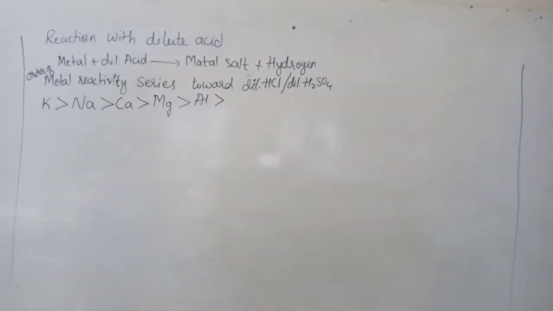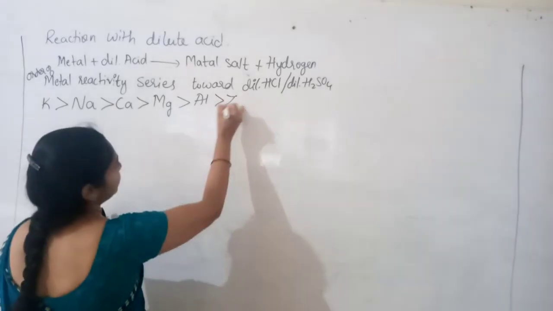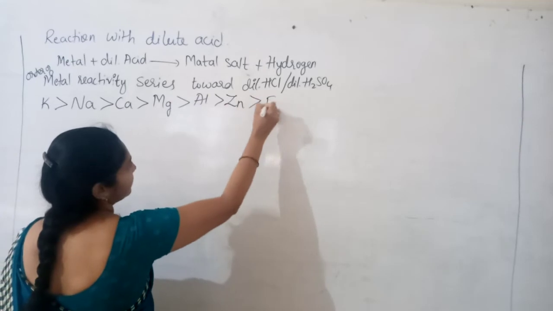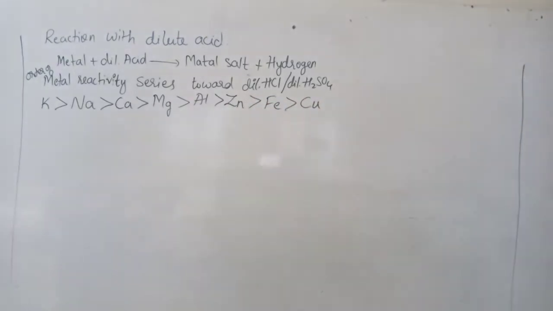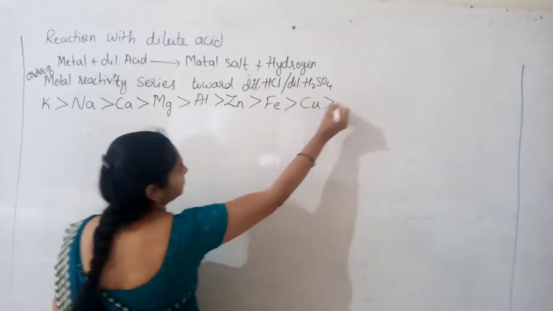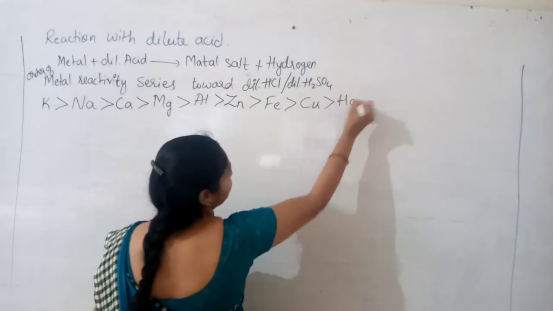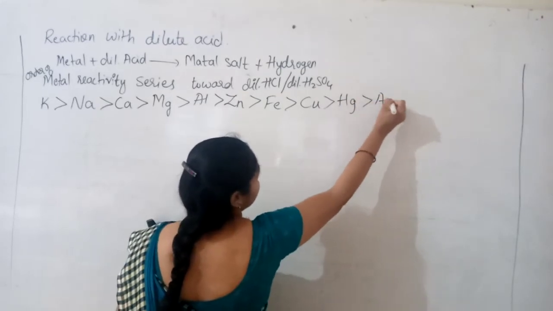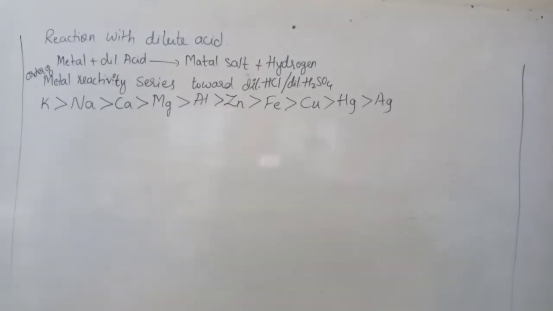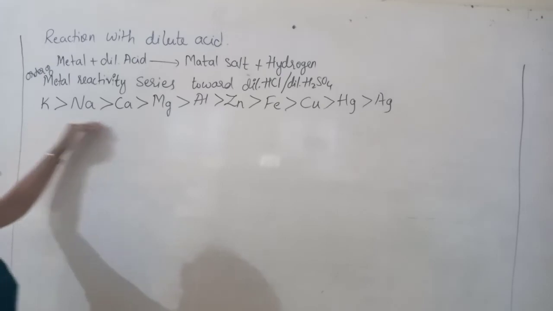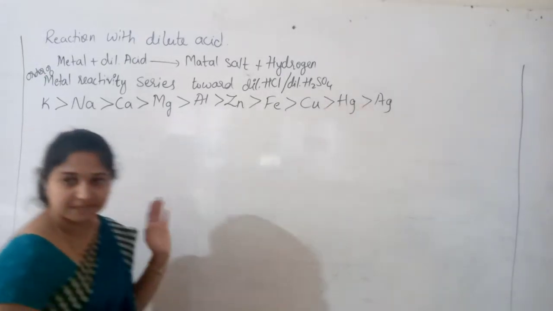And zinc, iron. After aluminium, zinc, and then iron and copper. Then mercury and silver. So here, children, this order represents highly reactive to less reactive.